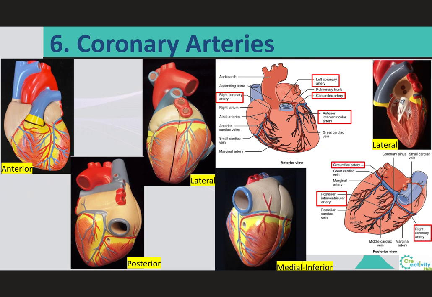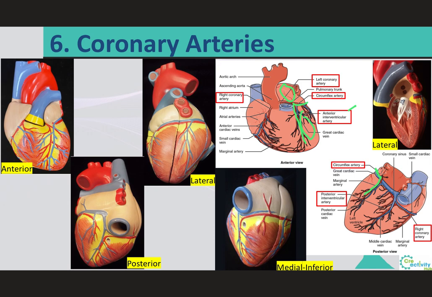The part that goes anteriorly down between the ventricles will be called the anterior interventricular artery, and the other part will go around the left atrium this time, and it will run between the left ventricle and the left atrium. And it will go all the way around, as we can see over here, to the posterior side where it will start to go down and branch out.